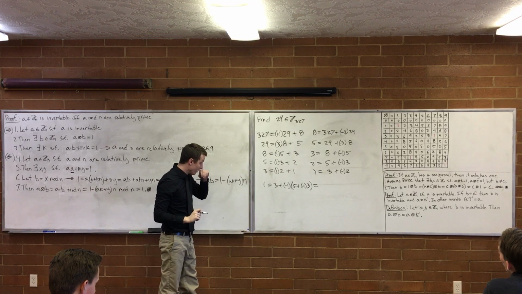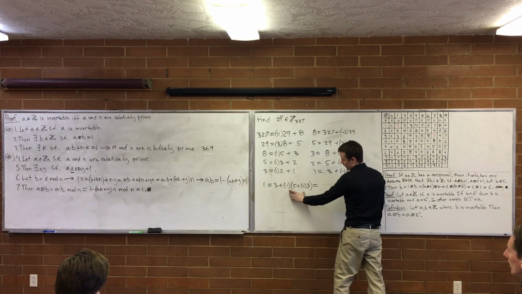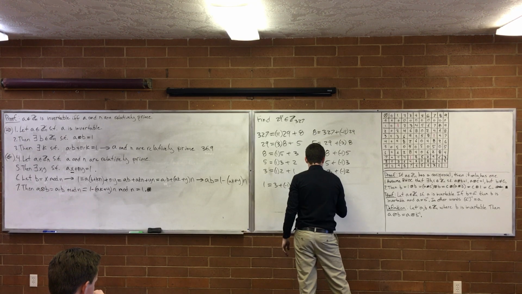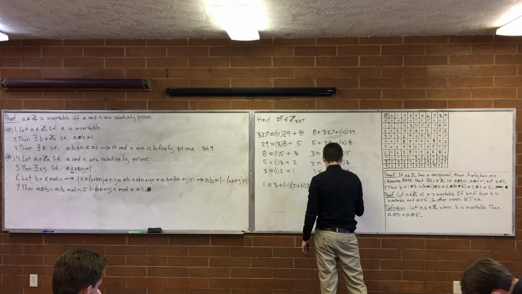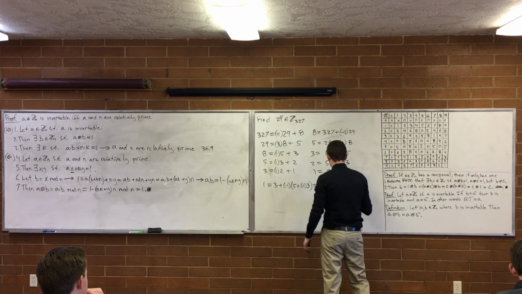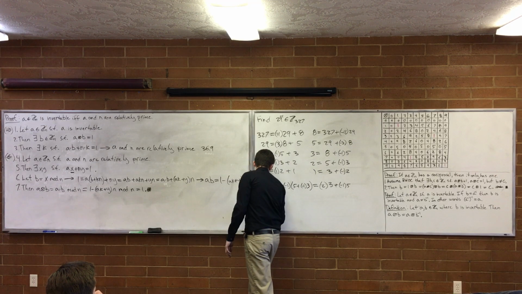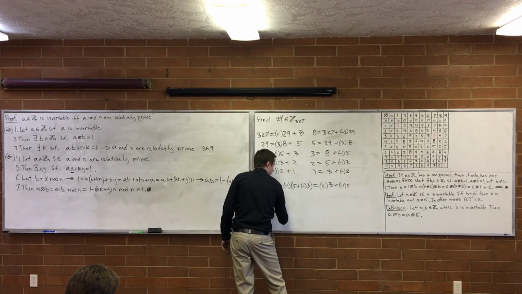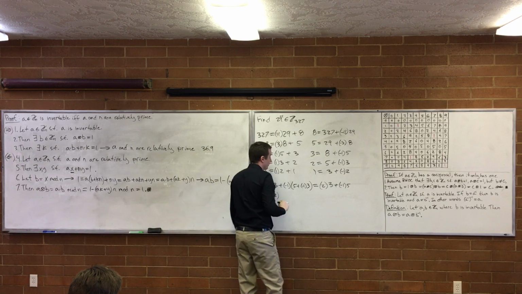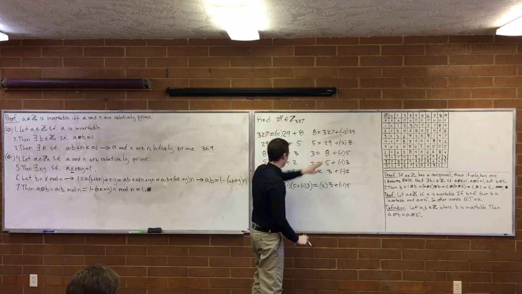Which is equal to, collect all my 3s. How many 3s do I have? I have 2 3s, and I have negative 1 5s. Take the smaller of the two, which is 3, and use this substitution.